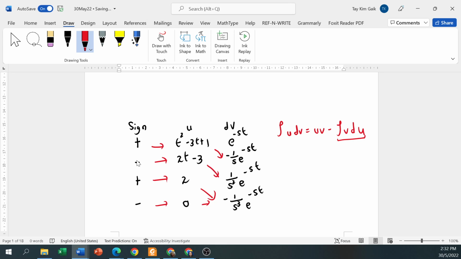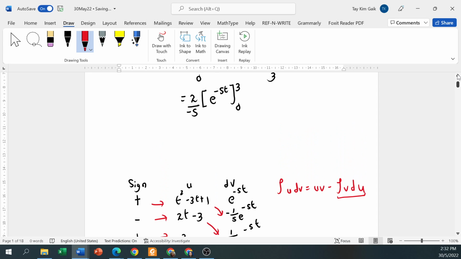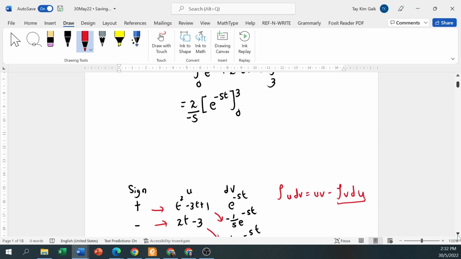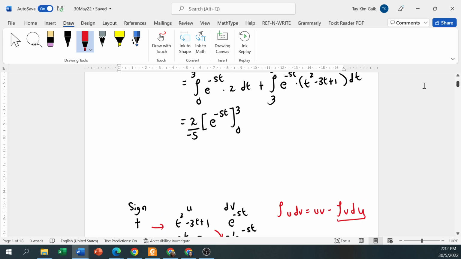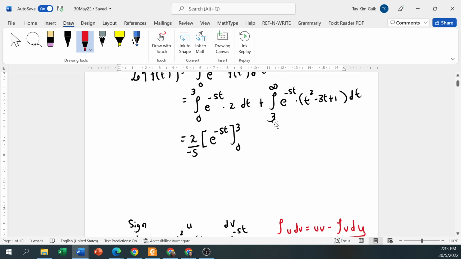Second result, you have negative (2t minus 3) divided by s squared and then e to the negative st. The third result, you have negative 2 over s cubed e to the negative st. Okay, so you put the result in here, and the limit for your integral is from positive 3 to infinity.